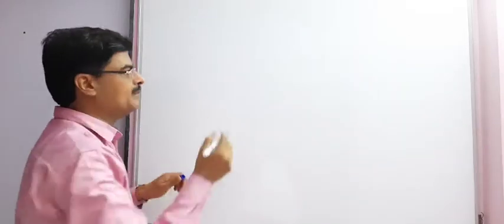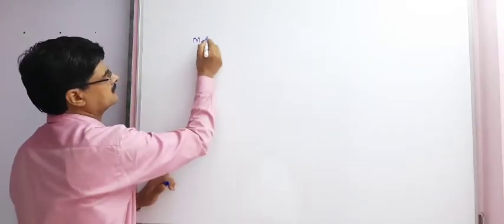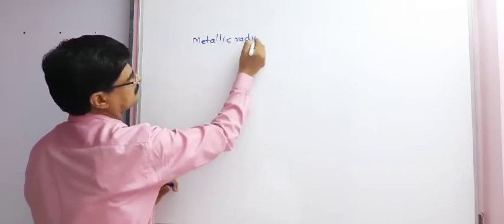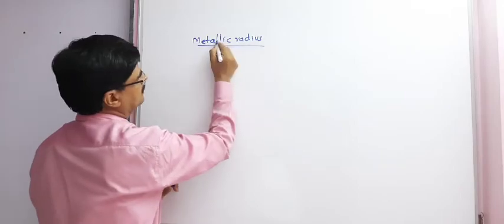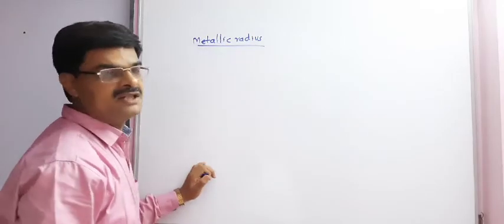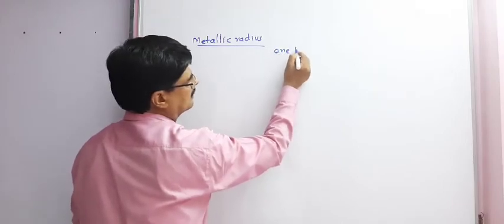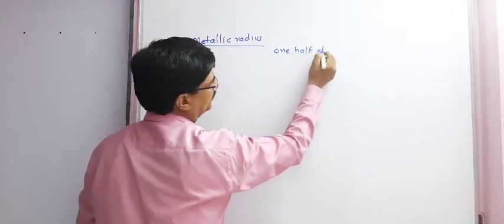Second type is metallic radius. What is the definition of metallic radius?